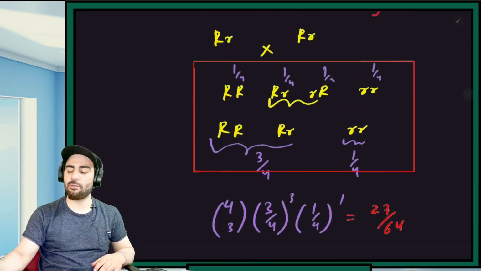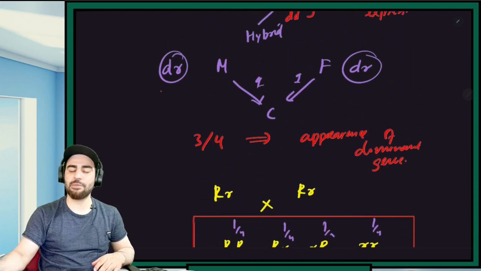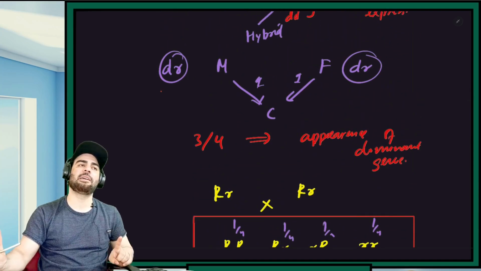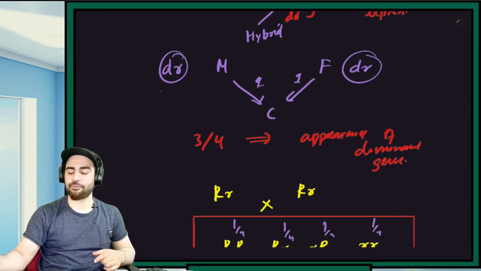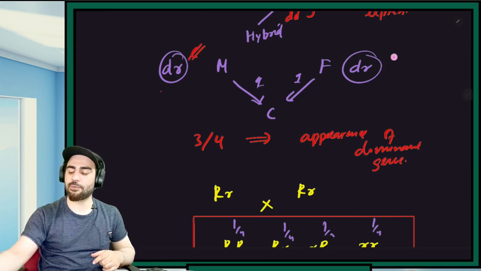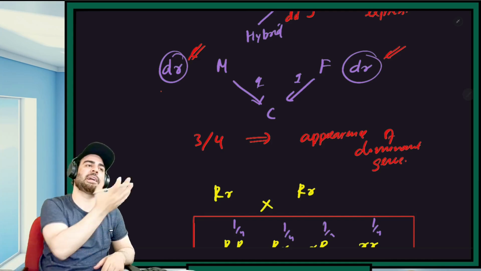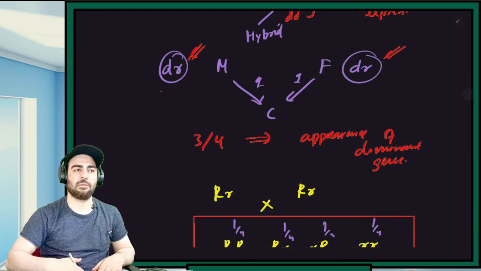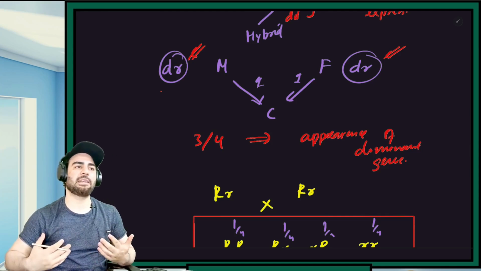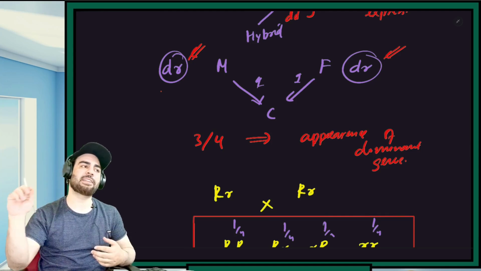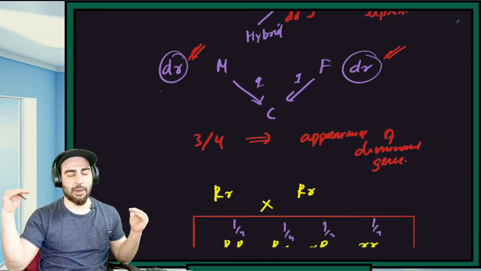Okay, so one more takeaway lesson is that sometimes you will see that both the parents are brown-eyed, but a blue-eyed baby gets born. Why is that? It is because they are hybrid. Maybe in their parents or grandparents, somebody had blue eyes and the genes were still present in their DNA, and they were passed on to the child.